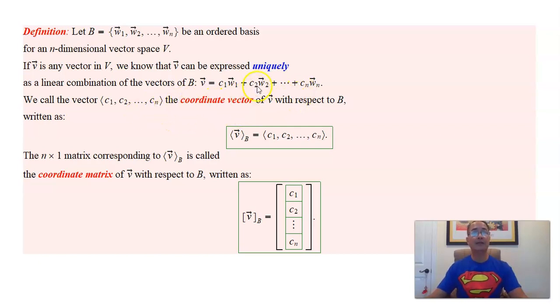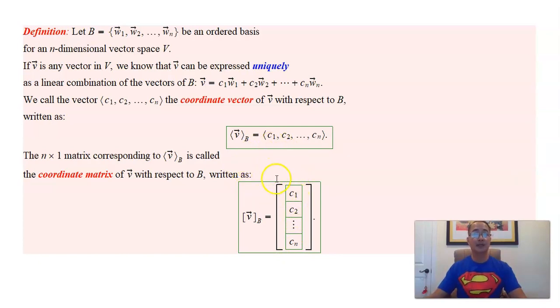So we call the vector that these coefficients form, c1 through cn, the coordinate vector of v with respect to B. Okay, so of course that is a vector from Rn. We can also turn this vector into a column matrix, right?